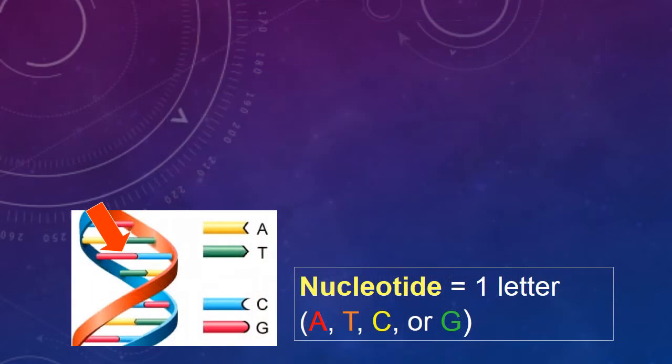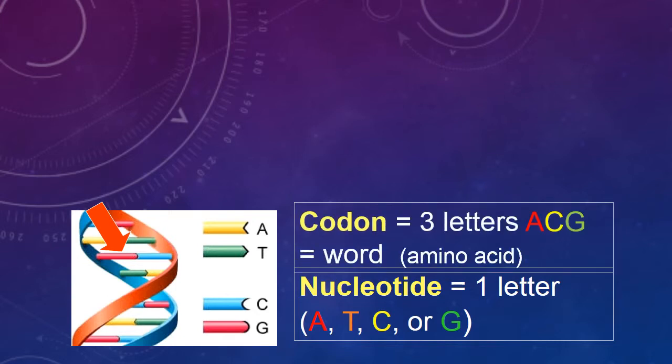Now, just to do some terms here, and don't worry about it, this is just kind of a big global picture. Think of the letters A, T, C, or G. They're called nucleotides, and they're equal to, like in a book, a letter. Then we have what's known as the 3 letters together, 3 nucleotides, 3 letters, forms a word.